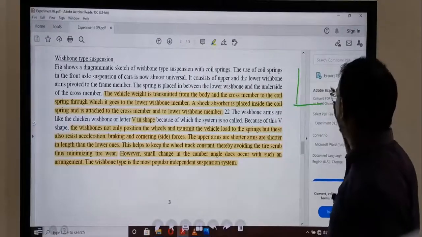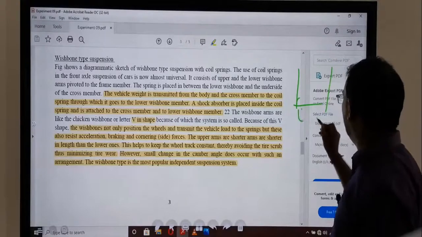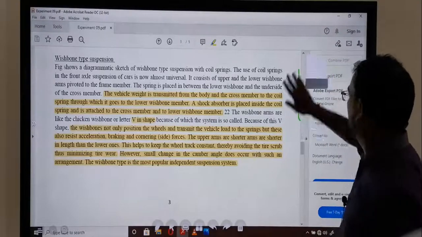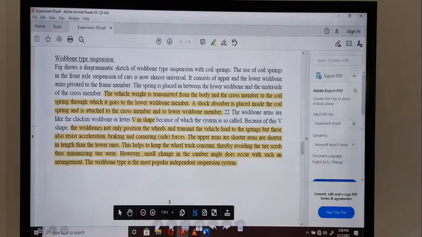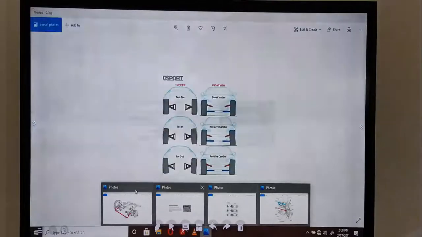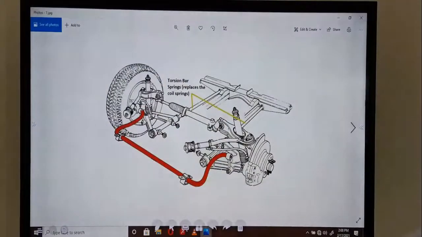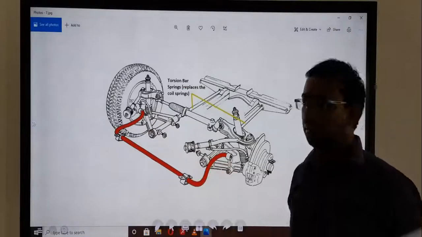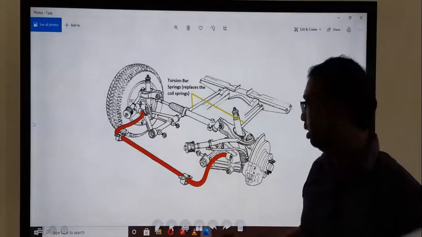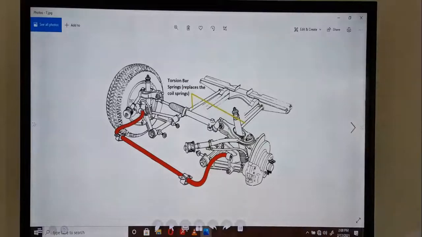So in the vehicle there is a crossbar. The cross member, I'll show a photo. This is the crossbar. These kinds of bars we call the cross member. This is red color.